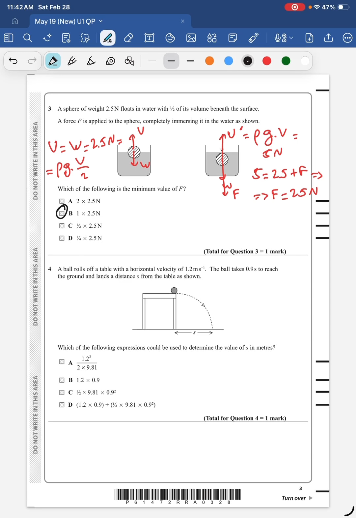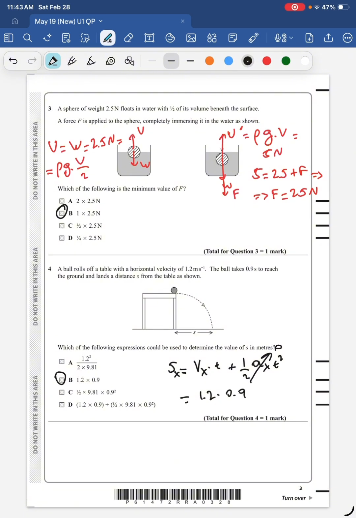Maybe I'm going to link the video in the description, but in general, s in the x direction is v in the x direction times t plus 1/2 times the acceleration in the x direction times t squared. There is no acceleration in the x direction, so the distance is simply v times t. v is 1.2, t is 0.9. So we have to search for this option.